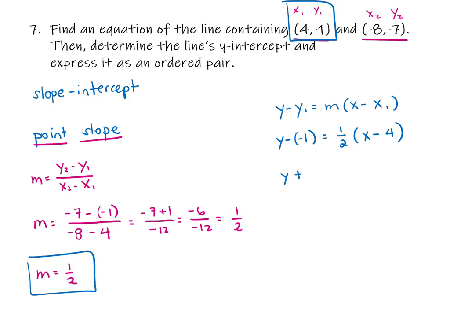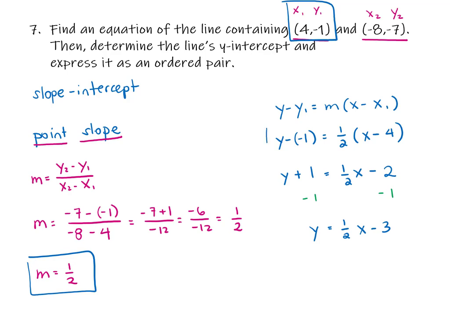We get y plus 1 and 1/2 x minus 4/2, which is going to be simplified to 2. We'll subtract 1 from both sides, and then we get y is equal to 1/2 x minus 3.